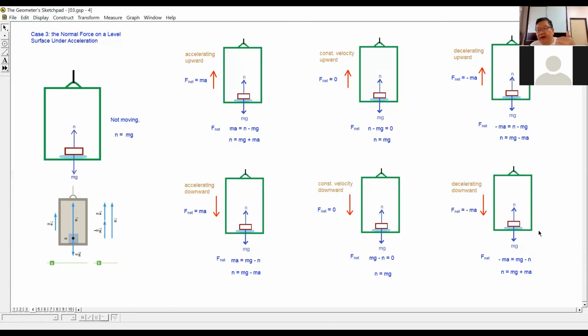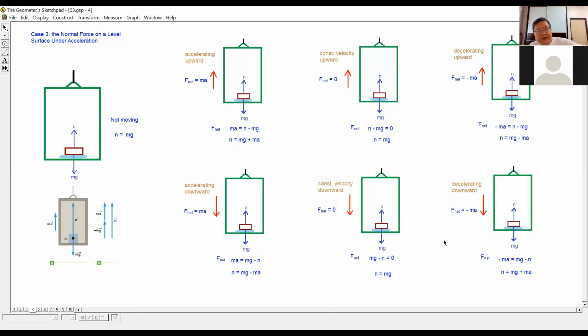It is always the weight minus the normal reaction, and the net force is actually negative because it is slowing down. So when you make N the subject of the formula, you move the N over to the left hand side and the ma to the left hand side. The normal reaction is the weight plus the ma.